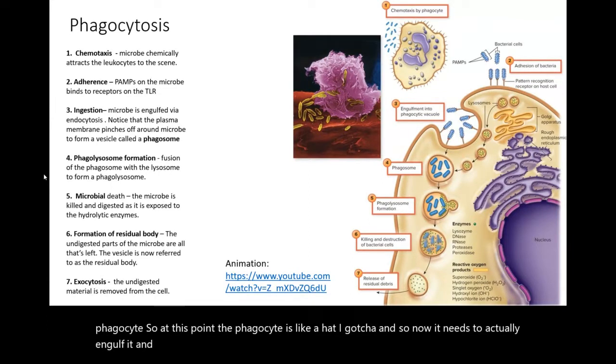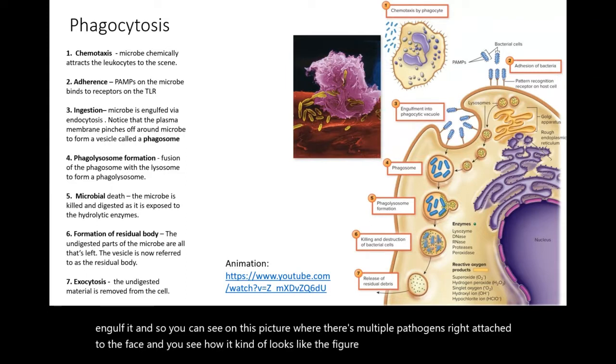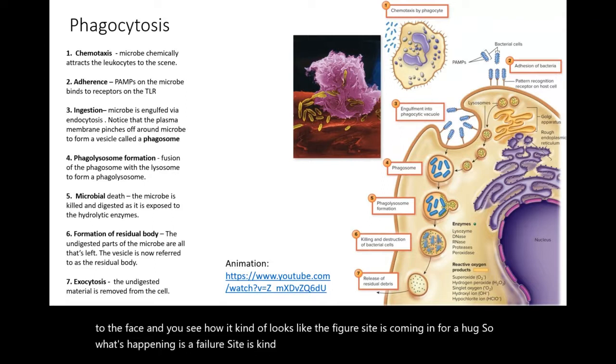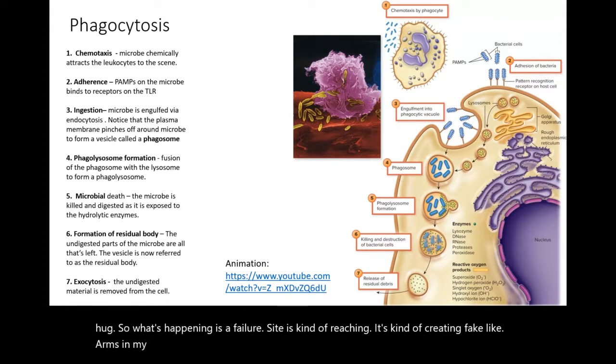And so you can see on this picture where there's multiple pathogens attached to the phagocyte. And you see how it kind of looks like the phagocyte is coming in for a hug. So what's happening is the phagocyte is creating fake-like arms, in my example, to come up and enclose the pathogen.